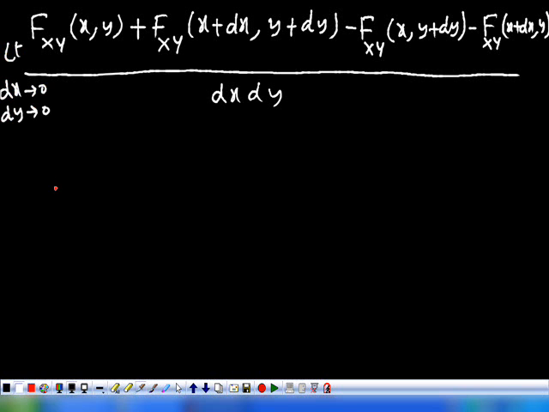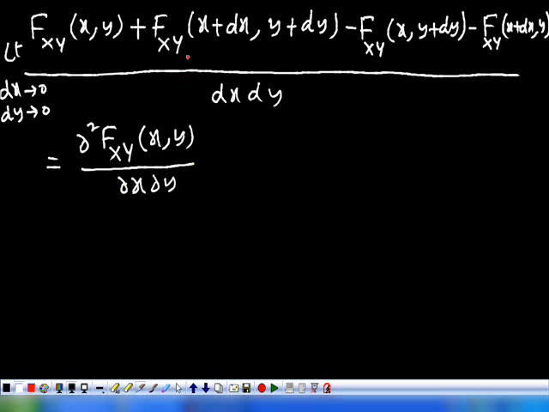Follow? So this is equivalent to the second partial derivative of Fxy of x comma y with respect to x and y. So this above expression, when dx and dy tend to 0, is equivalent to the partial derivative of Fxy of x comma y twice.